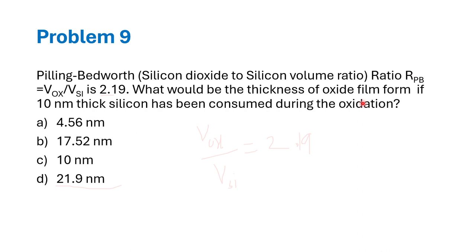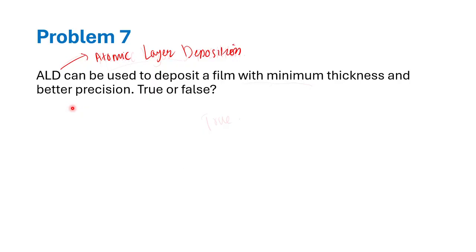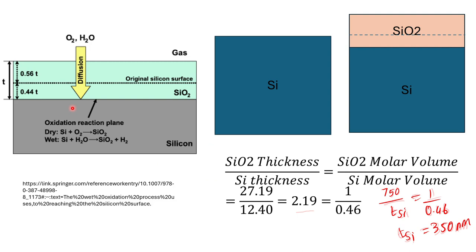So what is the thickness of oxide film if 10 nanometers thick silicon has been consumed during oxidation? 21.9, D. Yes, the correct answer is D, 21.9 nanometer.